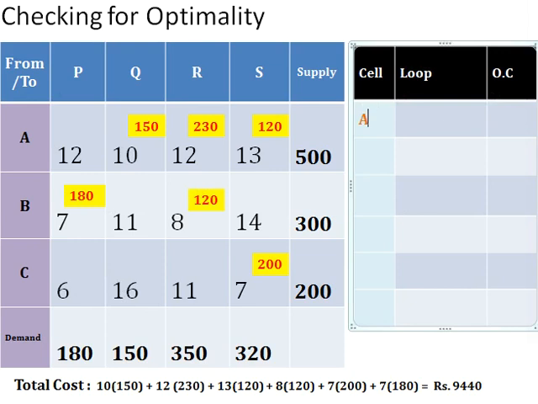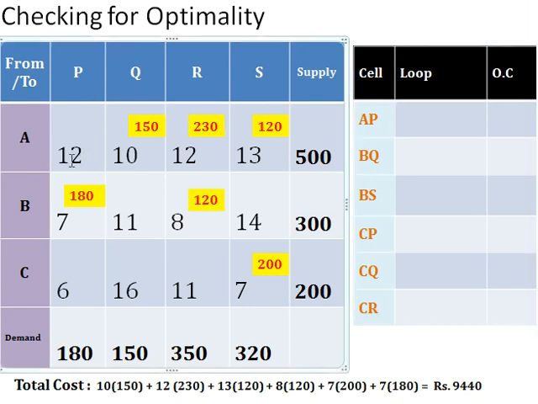Okay, so first AP, then next unoccupied cell we have BQ, then BS, next is CA, CB, sorry, CP, CQ, and CR.